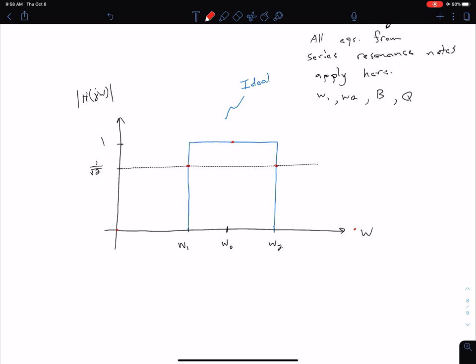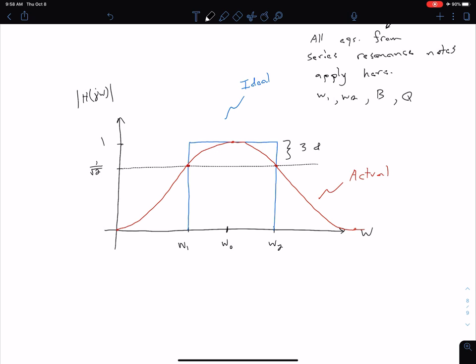So our curve is going to look something like this. We'll be at 1 for a little bit, and then we come back down, and we get something that looks like that. This is going to be our actual curve for this circuit above. As we make our circuit more complicated, we can improve it and make this actual curve a little more similar to the ideal case.